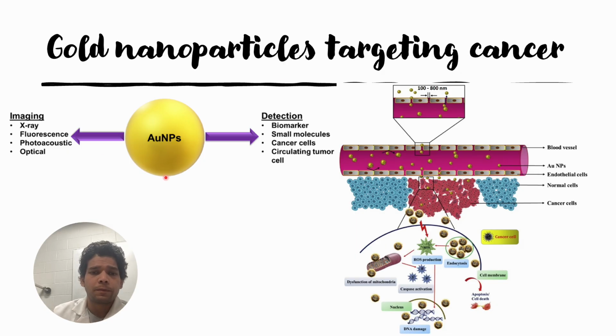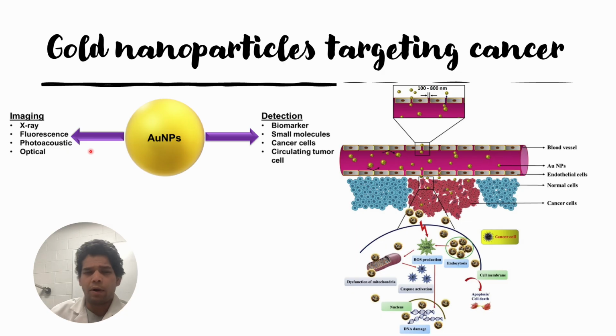So, as we know, the advantage of the gold nanoparticles is that they have a high circulation time, and because of that they can be used for the detection of cancer cells, and how they metastasize to different parts of the body. And second, they can also be used for imaging, such as X-ray, fluorescence, photoacoustic and optical.